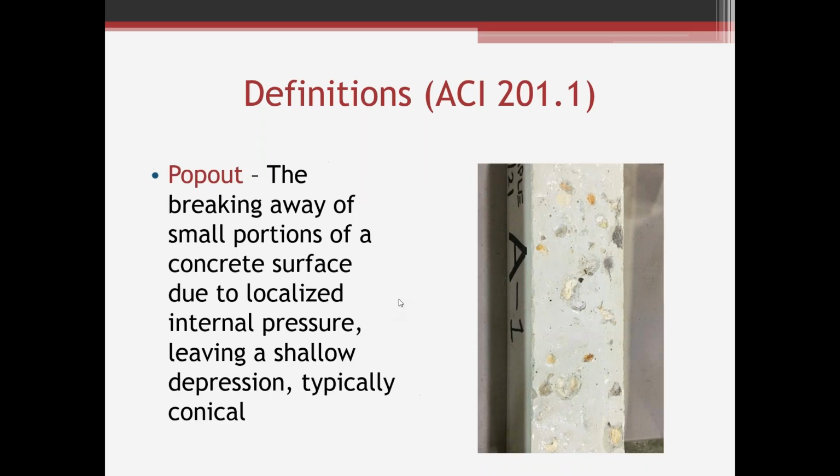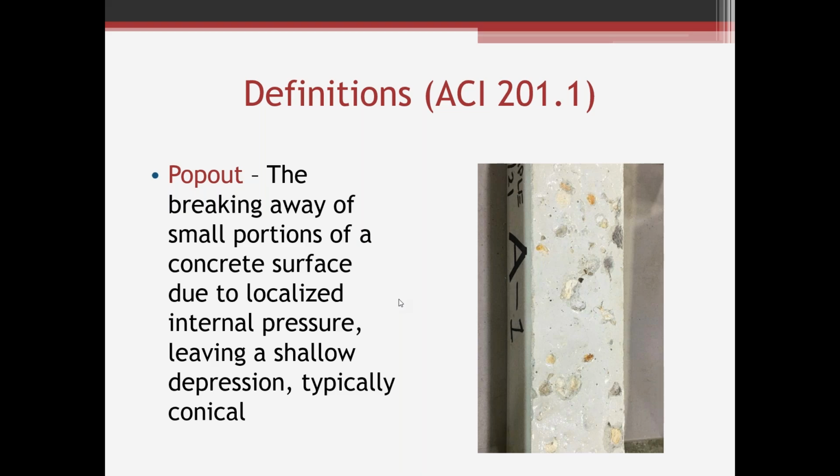A pop out is a breaking away of a small portion of the concrete surface, typically due to some sort of internal pressure. A lot of times it's because of pressure within the aggregate, the coarse aggregate.